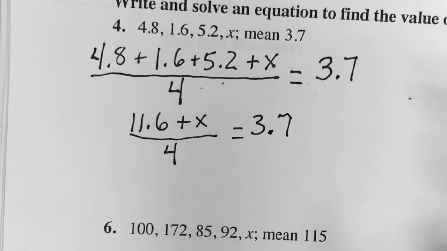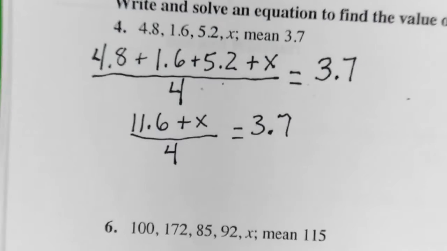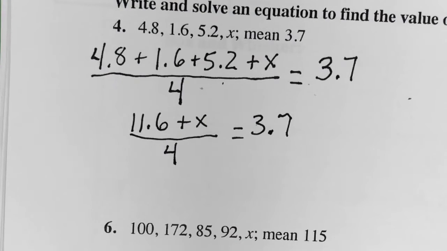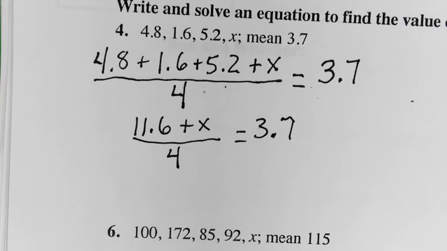Now we had a discussion about opposites. We would like to get rid of dividing by 4. So what's the next step in this equation?